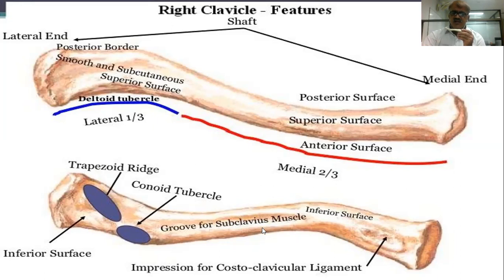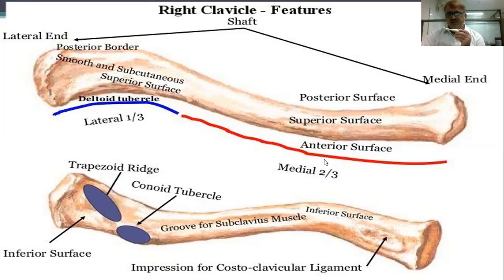So we have a muscle attached over here. This is called the subclavius muscle, so the groove is named the subclavian groove. The subclavian groove is very important from three points of view, which we will discuss later in another diagram.